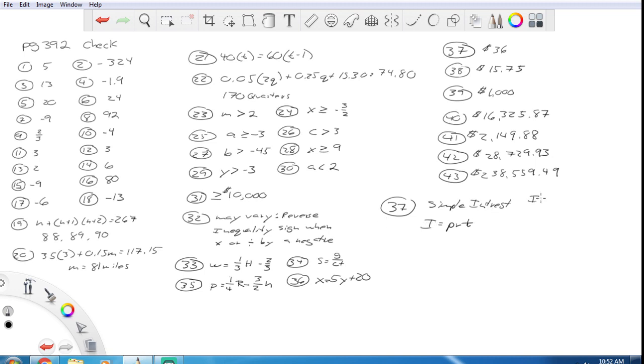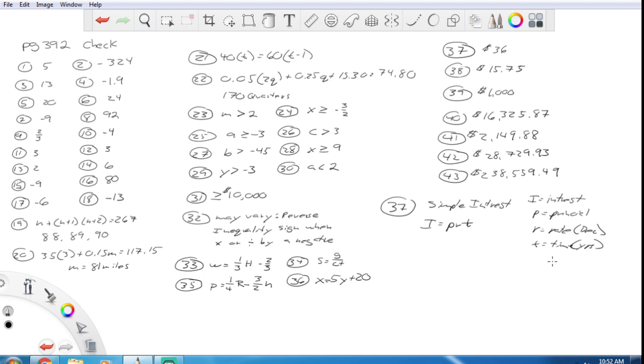I equals your interest. P equals your principal. R equals your rate, but it has to be in a decimal. And T equals time, but that has to be in years. So keep those things straight.